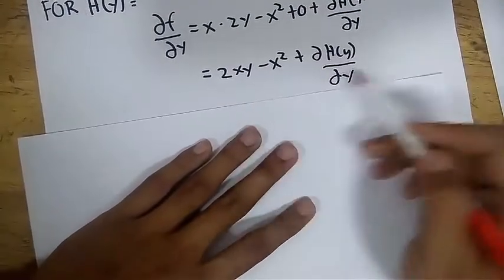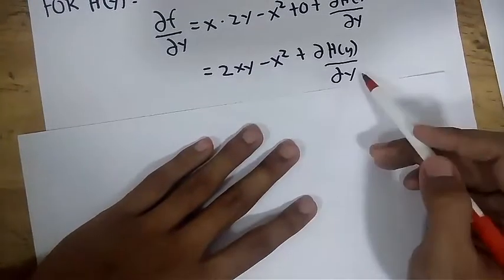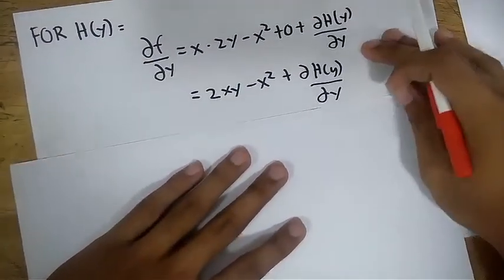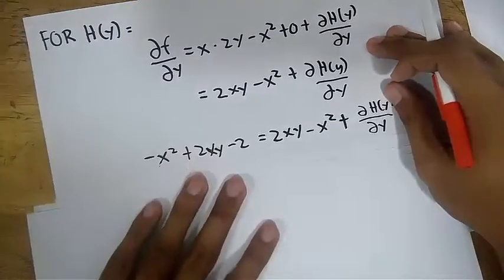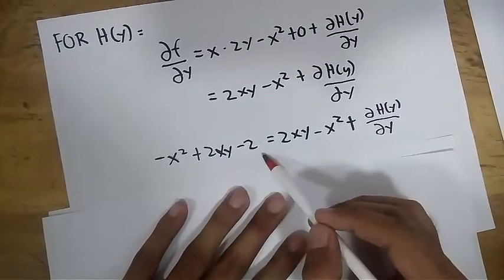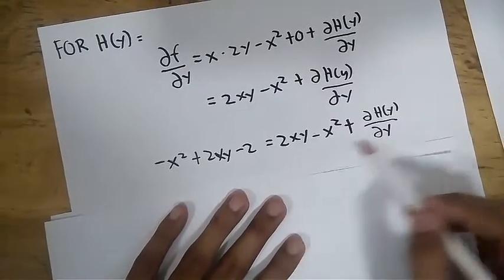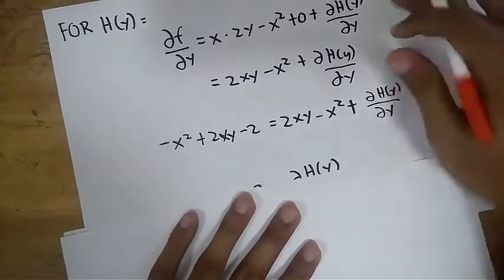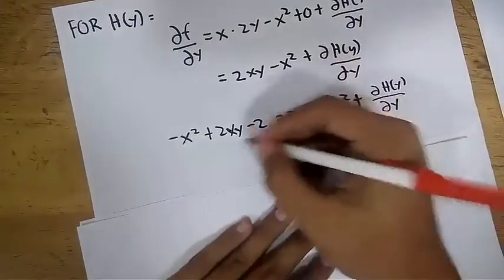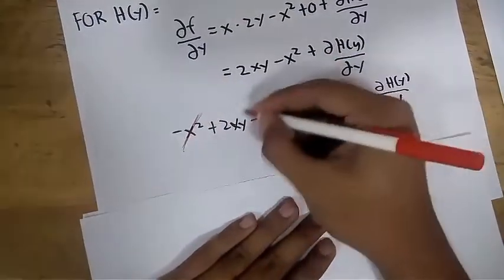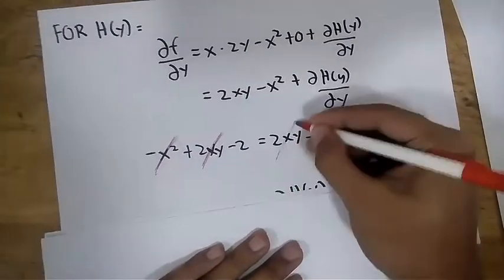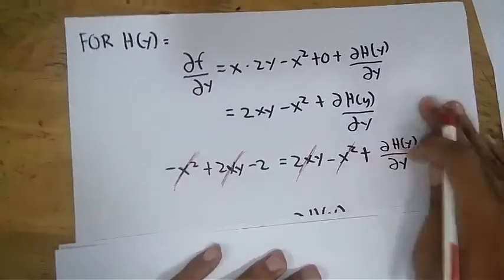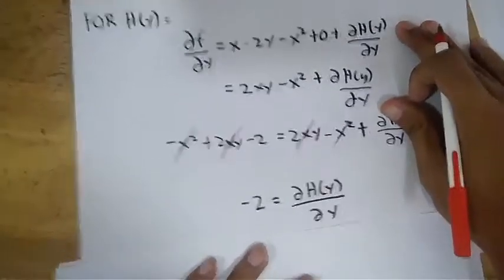Now we equate it to the value of N, which is negative x squared plus 2xy minus 2. As you can see, there are similar terms that we could cancel, which are negative x squared and 2xy. So we will have negative 2 equals h prime of y.